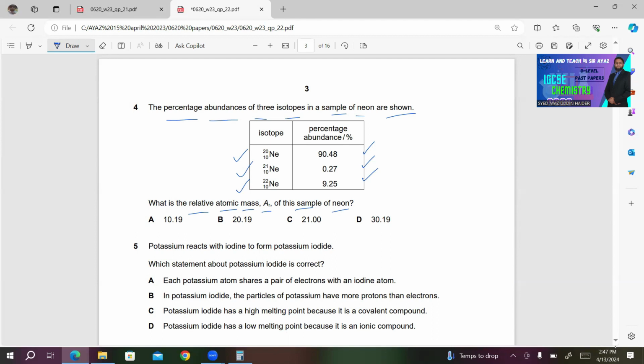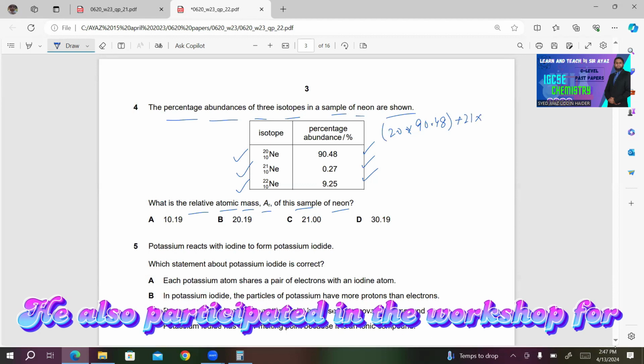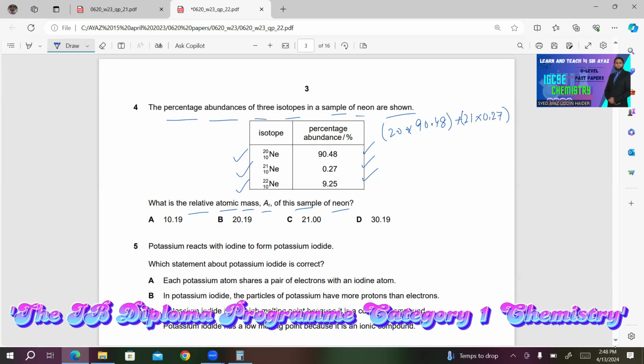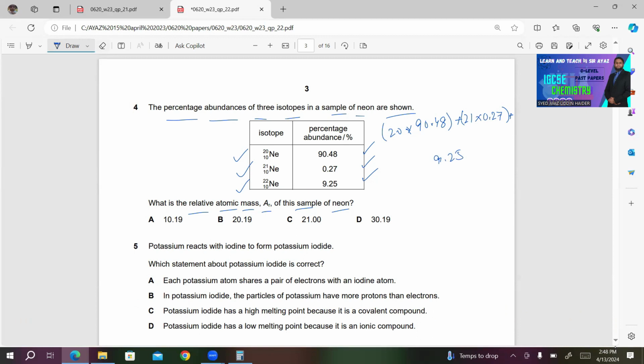So we have Ne20. So 20 will be multiplied by 90.48, plus 21 multiplied by 0.27, plus 22 multiplied by 9.25, and this whole will be divided by 100.